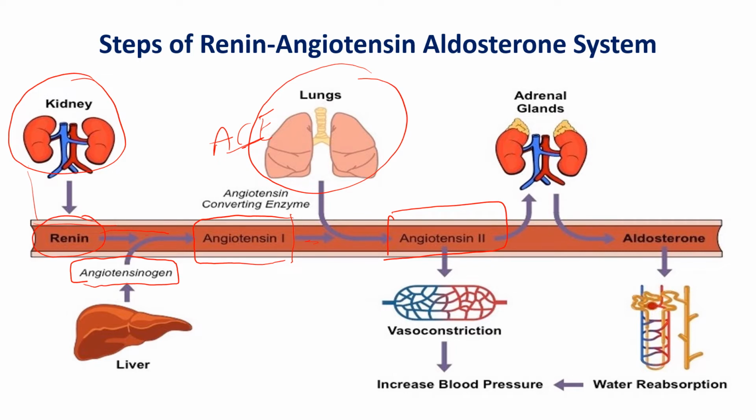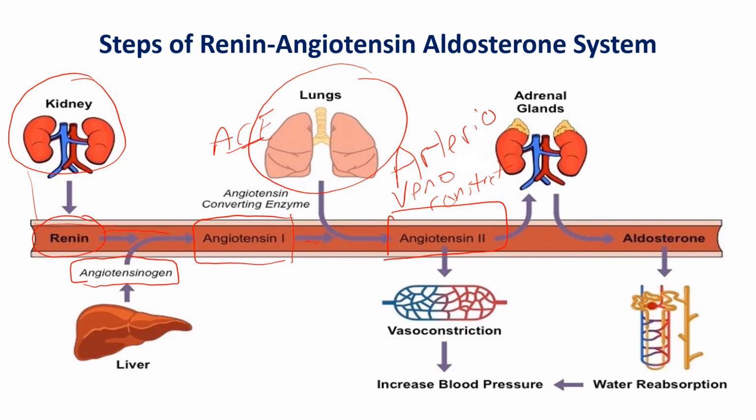Now, angiotensin 2 is a very, very powerful constrictor. It's both arterial and venous, a venoconstrictor. It's going to constrict. So recall from your physiology classes that when you have a powerful vasoconstrictor, it's going to constrict the blood vessel.